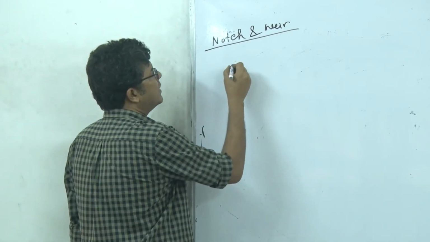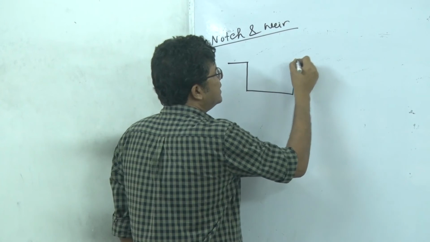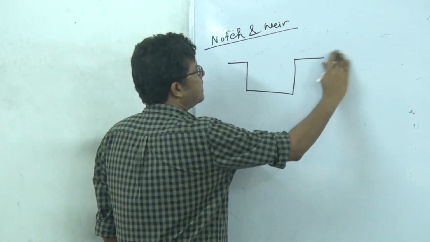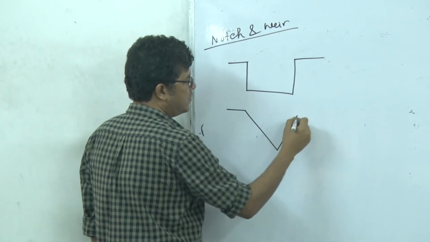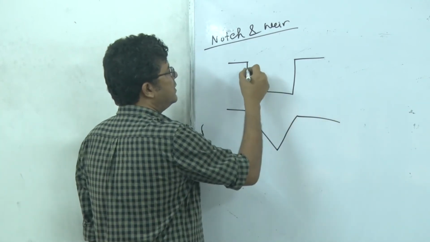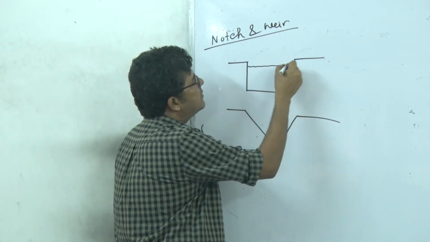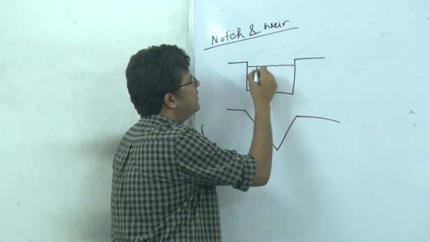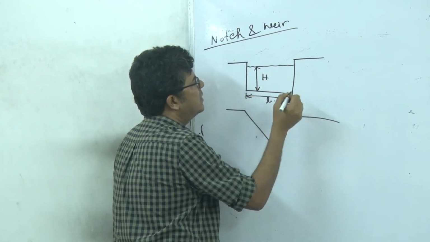So what are the structures? The structure is simply like this. Either it may be a rectangular notch or a triangular notch, right? And here the approaching liquid will fill up a certain height. Let's say this is the height h, right?